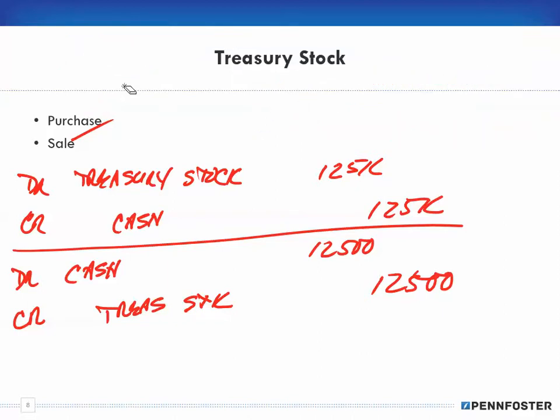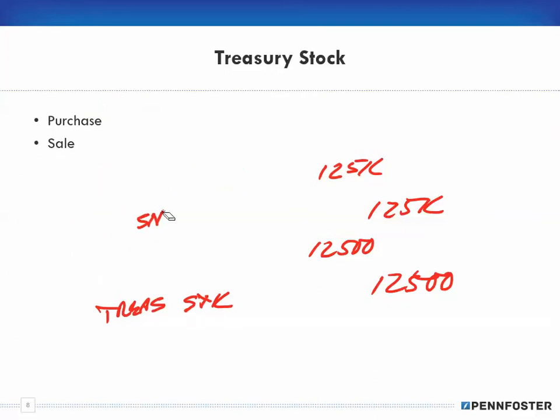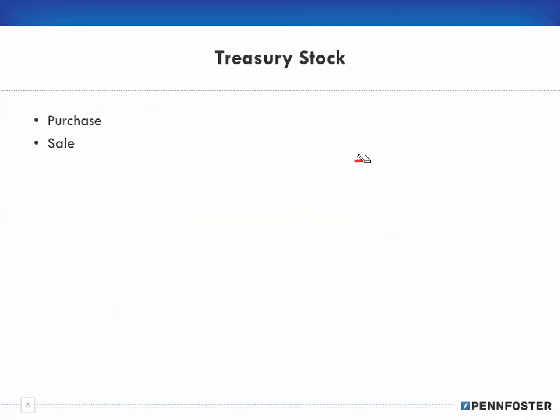So if we buy the shares and the sale price is above our cost, meaning, we bought 5,000 shares at $25, what happens if we decide to sell the 500 shares back into the marketplace, and instead of selling at 25 like we just did, the price of the shares went up to 28?